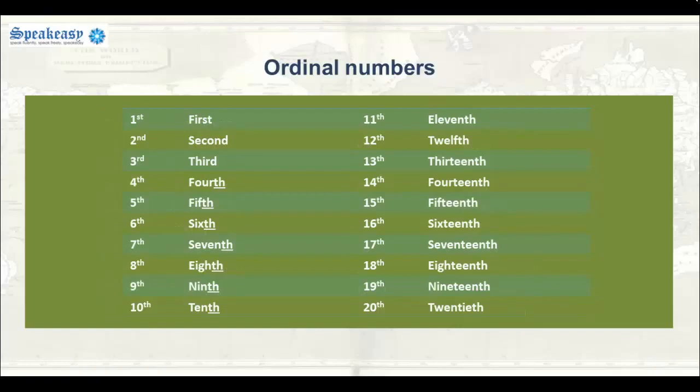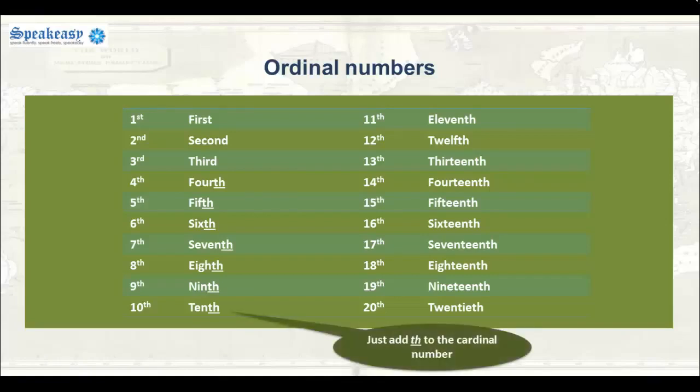And for the ordinal numbers, 1st, 2nd, 3rd, 4th, 5th, 6th, 7th, 8th, 9th, 10th, 11th, 12th, 13th, 14th, 15th, 16th, 17th, 18th, 19th, 20th. So notice here that with ordinal numbers, from numbers 4 upwards, we're adding a th to the numbers.